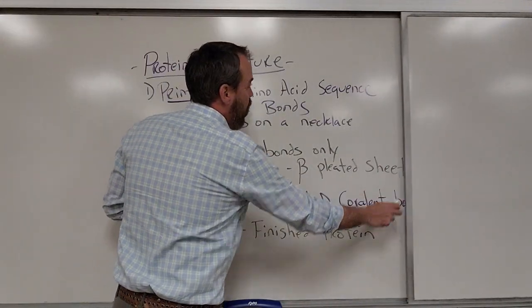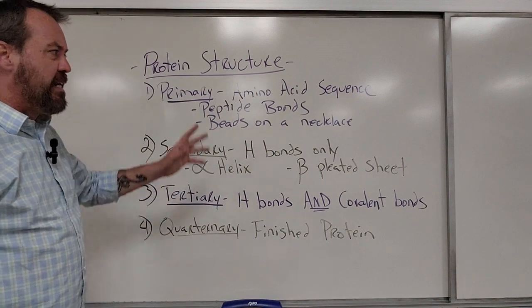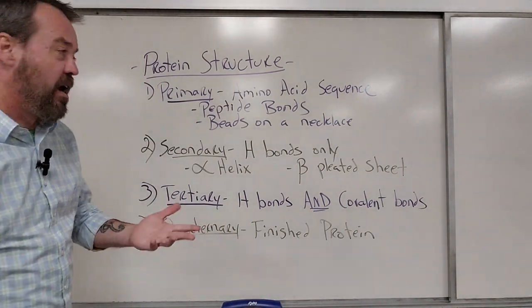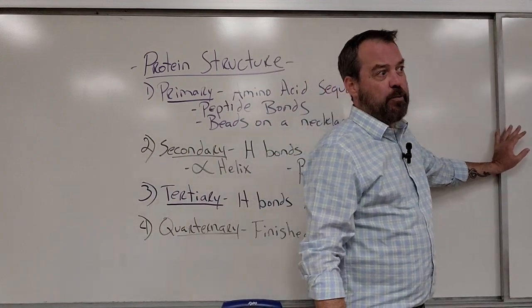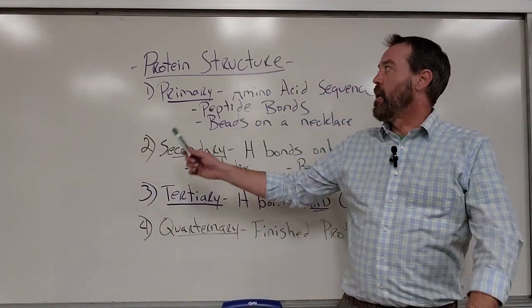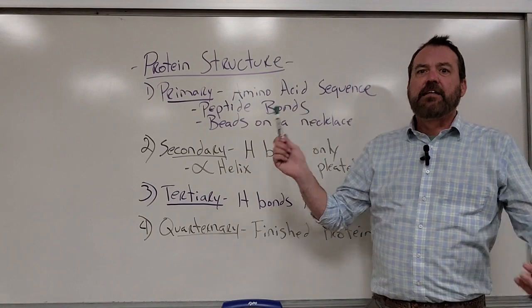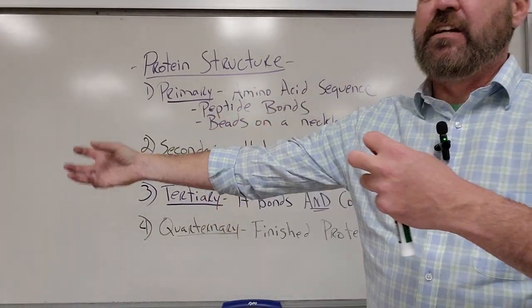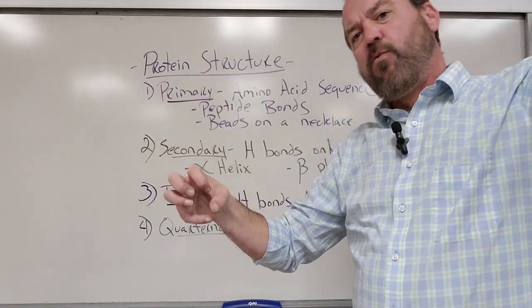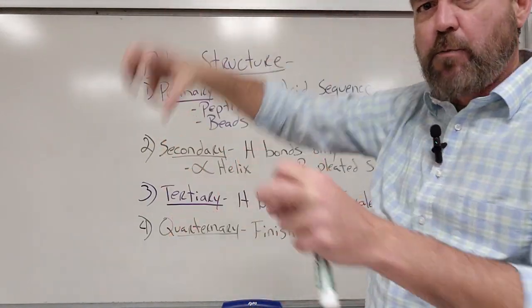So if we wanted to build a protein, we need to understand the protein structure, or how it's done. It starts out with the primary structure of a protein. And this is simply the sequence of amino acids that we string together. I could take this amino acid and then this amino acid and then another one of these and another one of these and then one of these over here, or maybe an amino acid from way back here.